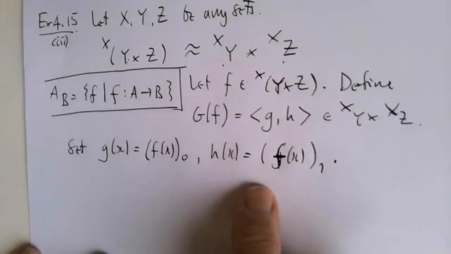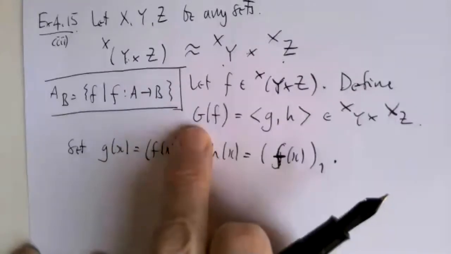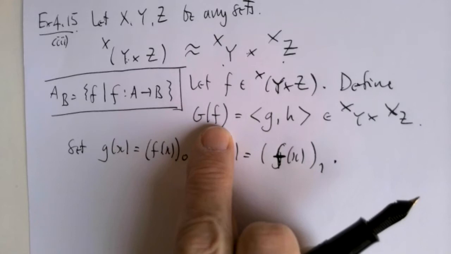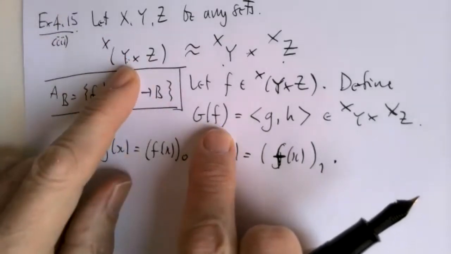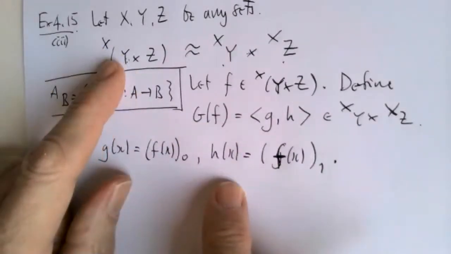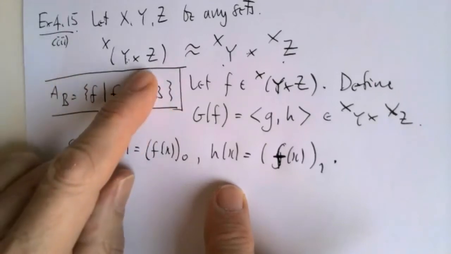Now, I think you can then say that big G is clearly one-to-one. Because if I've got two different functions here, they must do something different somewhere or other. Two different functions must send some particular thing in here to two different objects in y cross z.